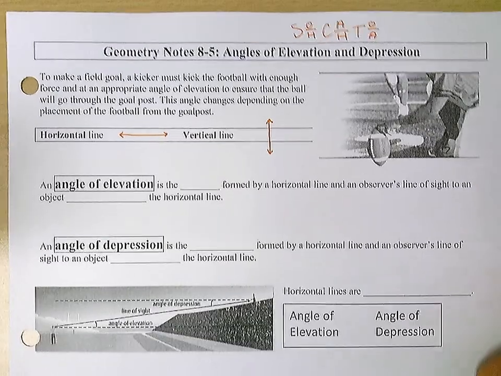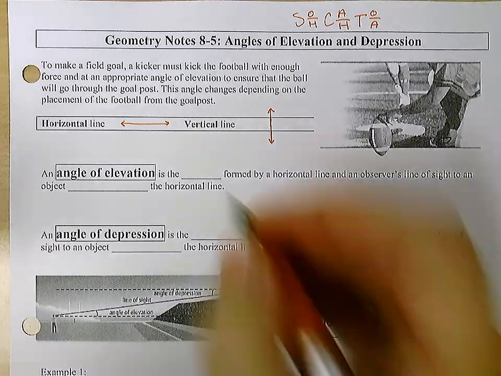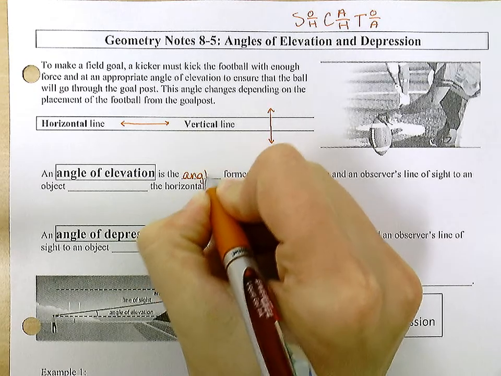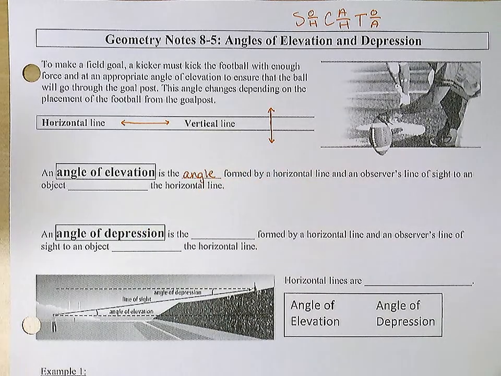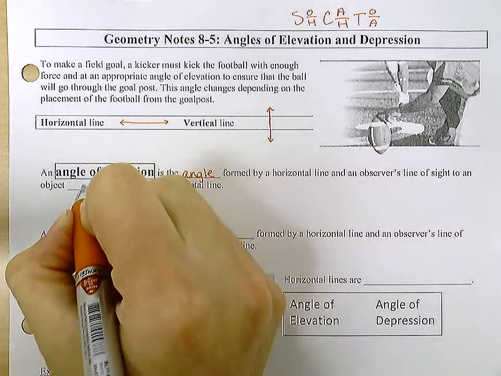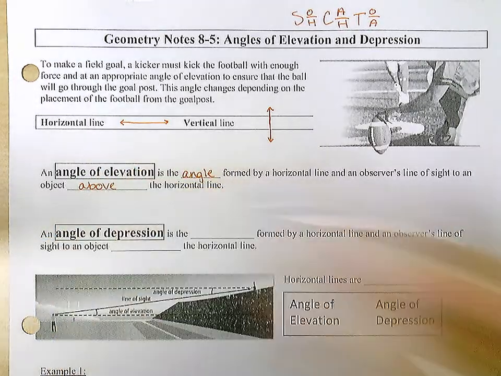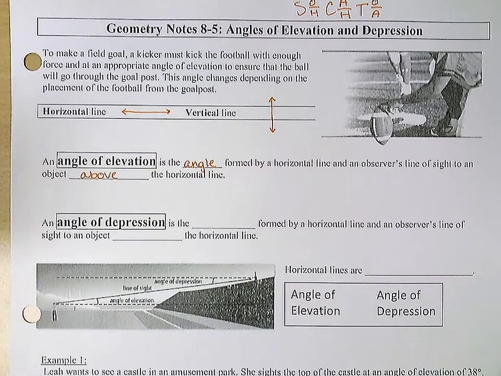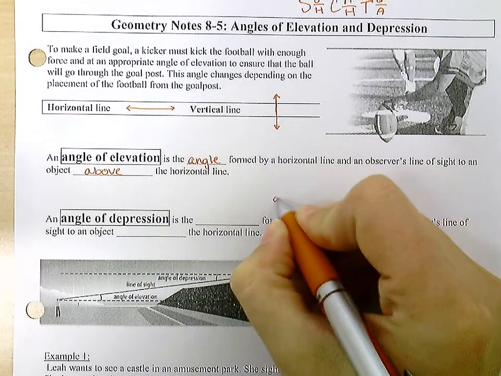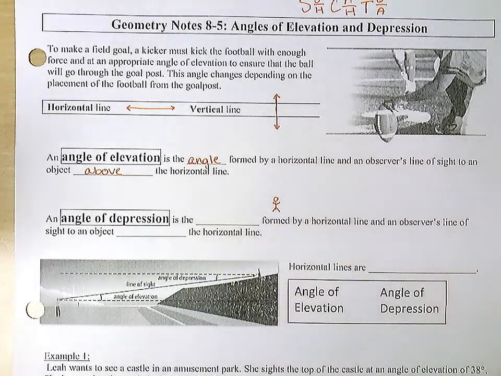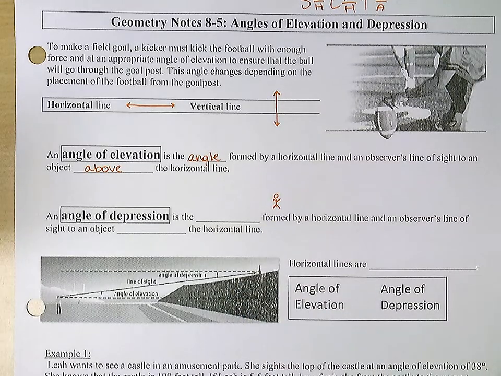All right, so our angle of elevation is the angle formed by a horizontal line and an observer's line of sight to an object above the horizontal line. So if I have this person here, when we're talking about line of sight, there's always a horizontal coming off of their line of sight.